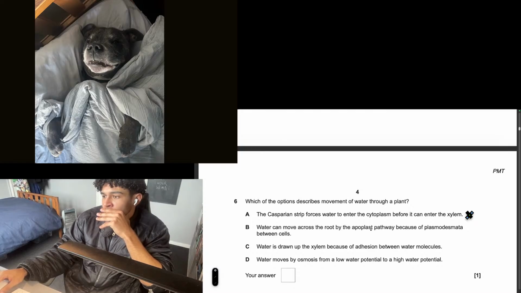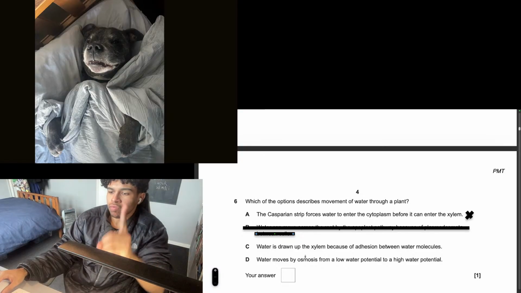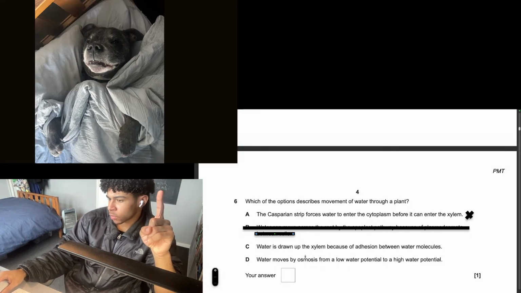Water can move across the root because plasmodesmata, no, it doesn't travel through plasmodesmata, it travels through the cell wall. Water is drawn up the xylem because it adheres to the surface.